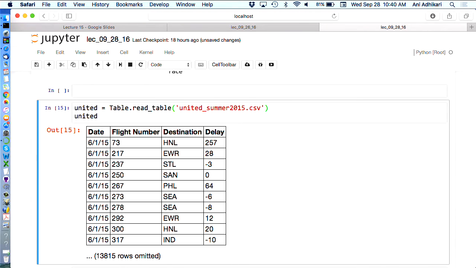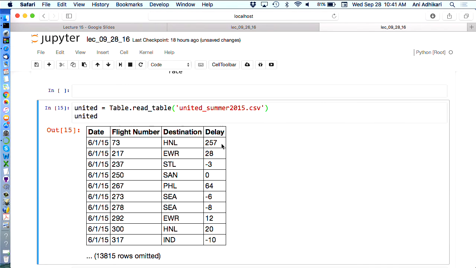And there were 13,825 of them. So maybe a few are missing, but these are the ones that were available on the website. And the variables are the date of the flight number, the destination airport, that's Honolulu, and the amount of flight delay. The flight delay is measured in minutes.